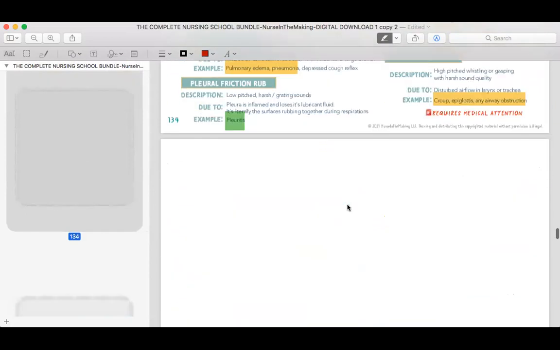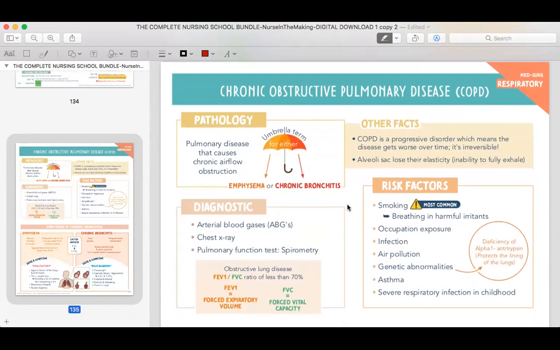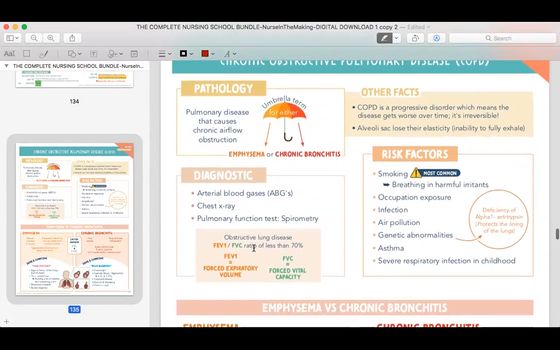So this is your respiratory disorder, COPD. COPD is important to know. Everything's important to know. But COPD, you definitely hear it for ATI. COPD, let's see, what do we have here?